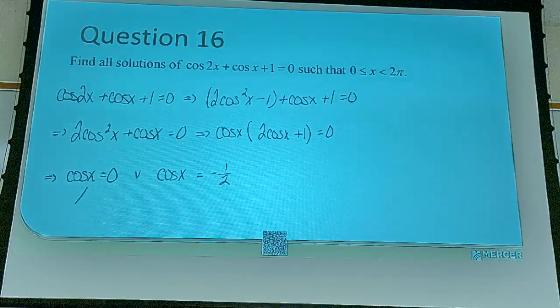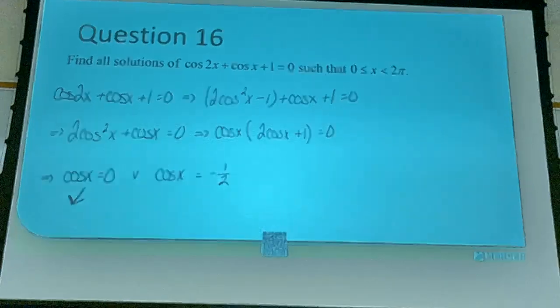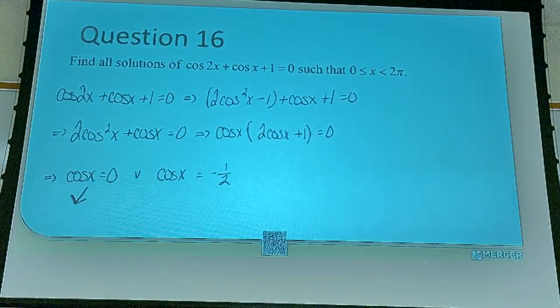We already saw where cosine was 0. Actually, hold on. Did we do this one already? No, cosine is negative 1/2. We know that cosine of x is 0, right? That one we did do. That's pi over 2, or 3 pi over 2. Where is cosine negative 1/2?